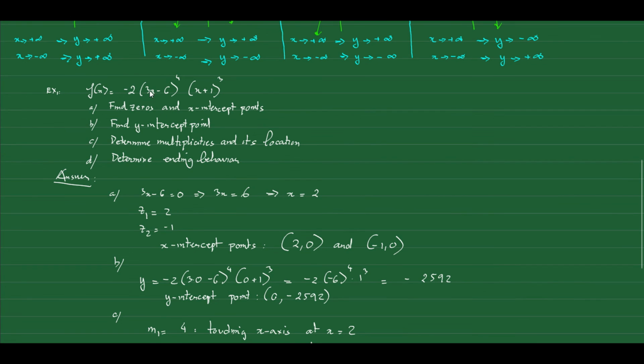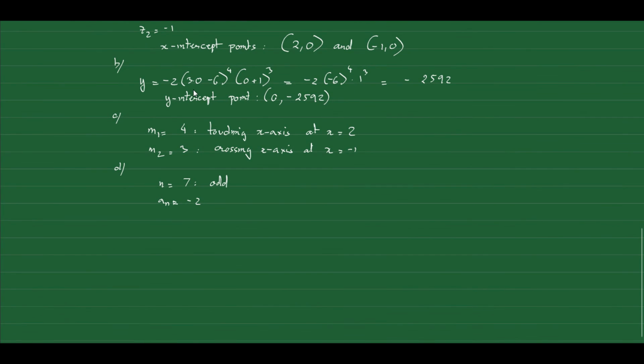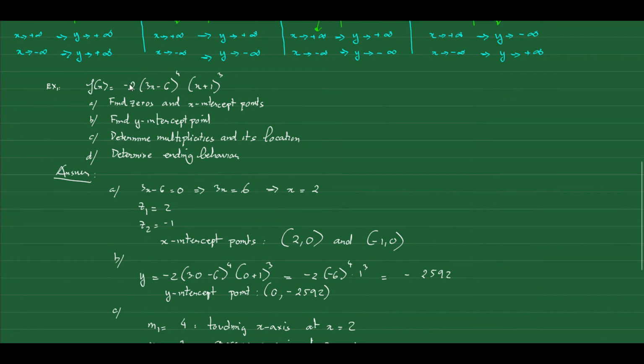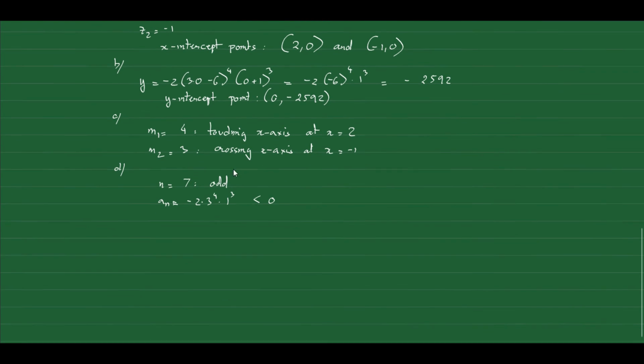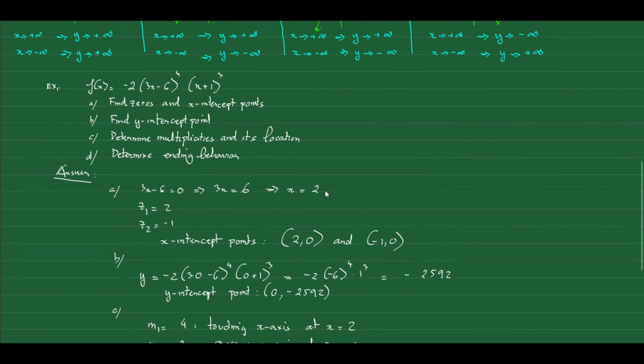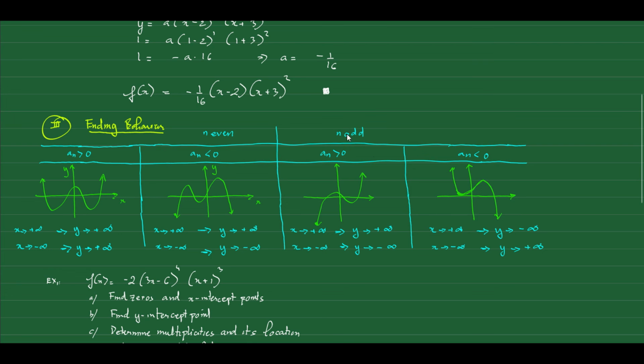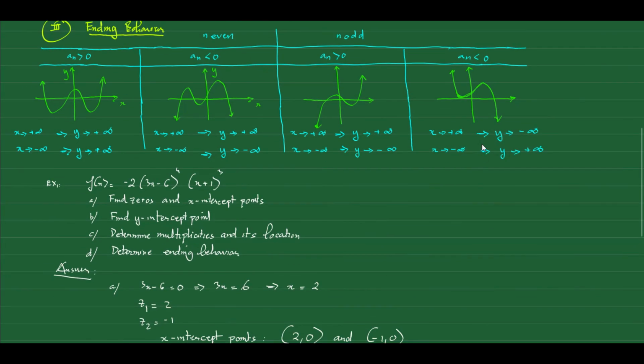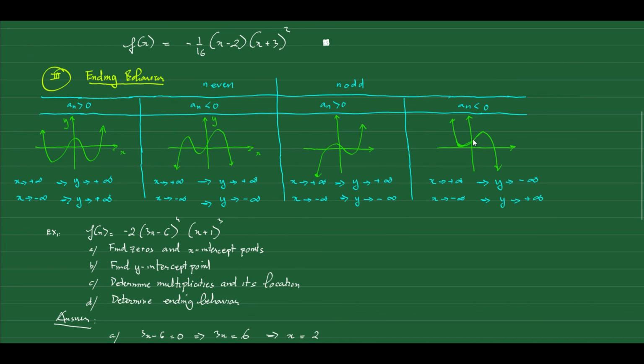Because we have to consider the leading coefficients here also, it's 3 to the 4 times 1 to the 3rd times negative 2, so definitely this will be a negative number. If the degree is odd and the leading coefficient is negative, this is your end behavior, in this case the fourth case.